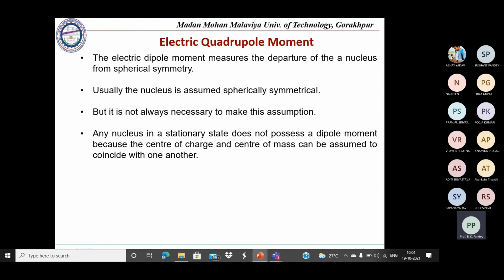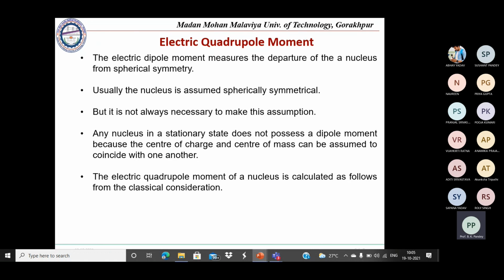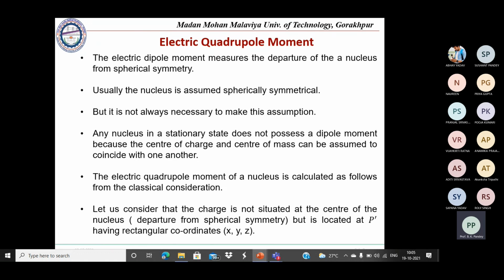Any nucleus in a stationary state does not possess a dipole moment. देखो जो बात मैं बता रहा था आपको, because the center of the charge and the center of the mass can be assumed to coincide with one another. The electric quadrupole moment of a nucleus is calculated as follows from the classical consideration.